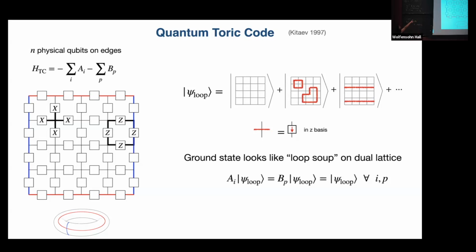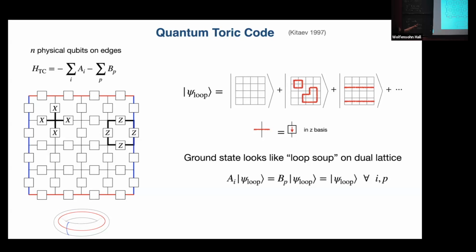And I have 1 Z check on every plaquette, but the number of plaquettes is the same as the number of vertices, so I have L squared Z checks. So naively, you think that you have L squared X checks and L squared Z checks, and both have to be satisfied. So you have 2 times L squared constraints and 2 times L squared qubits, so you should have a unique ground state.